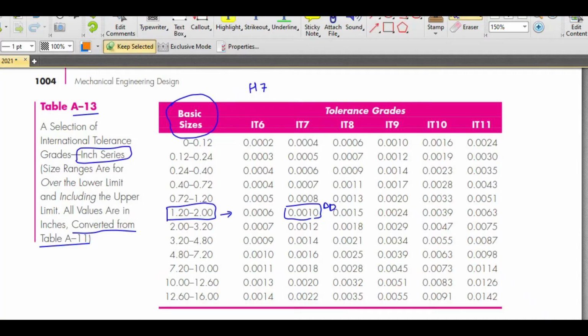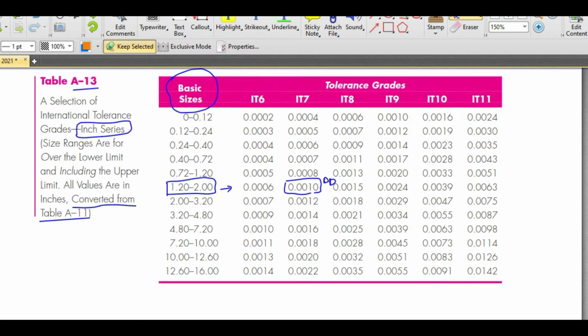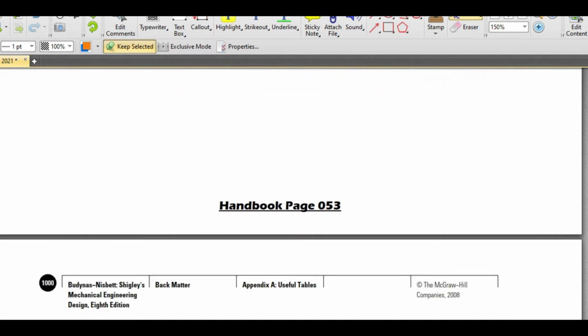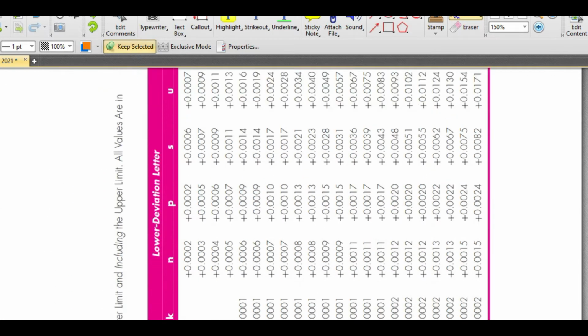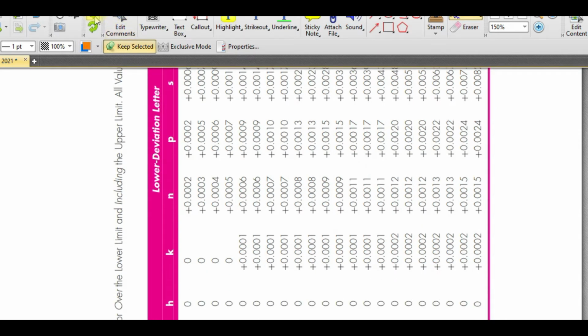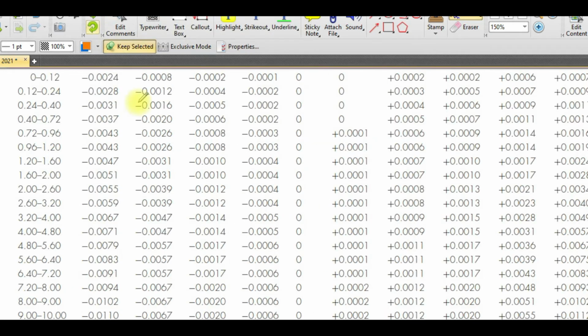Now again, since our problem is in inches, we will consult table A14 in the book. This is table A14. Let me rotate it for you.